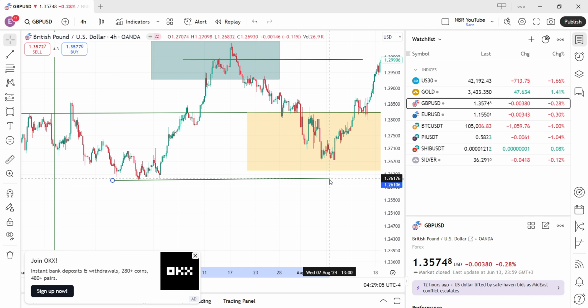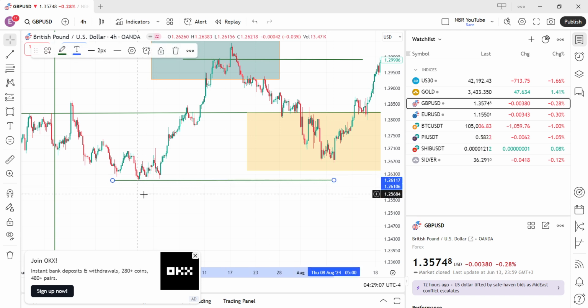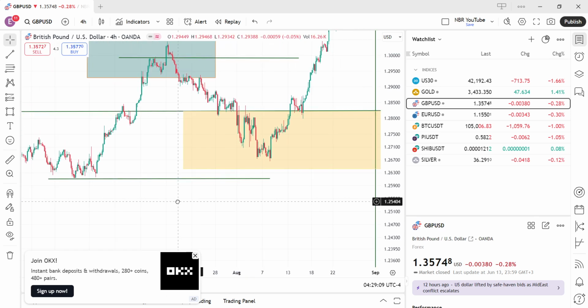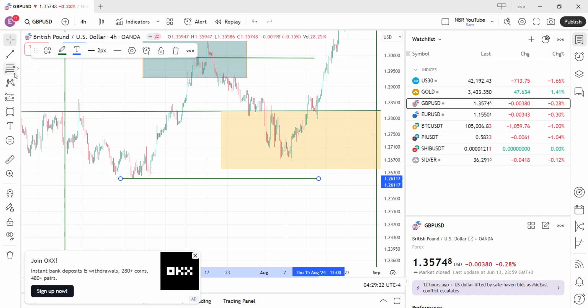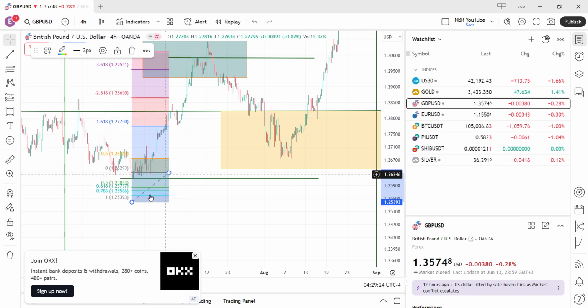Here it might visit this place here, and at the same time it might not. And that's why when I put the Fibonacci retracement, I prefer to put it below the one. For example, this is the fib.